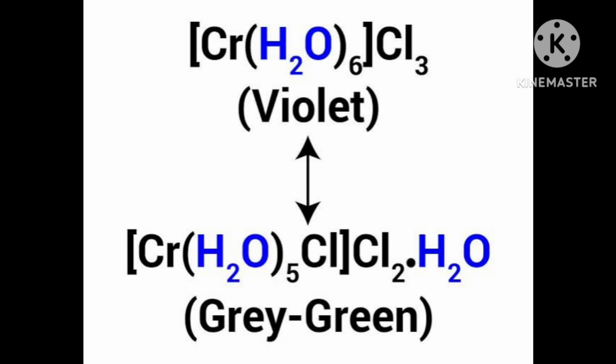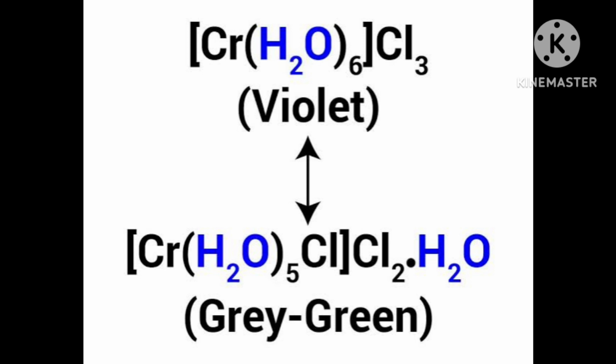I am telling an example: cobalt NH3 SO4, cobalt NH3, and inside the square bracket only sulfate is there, and the counter ion is bromide. Now what will happen? Bromide will come inside, sulfate will go outside.